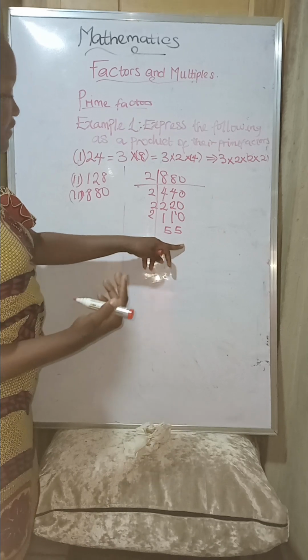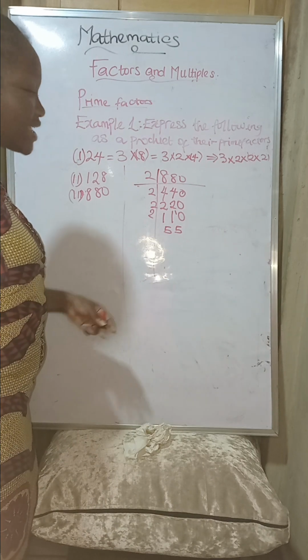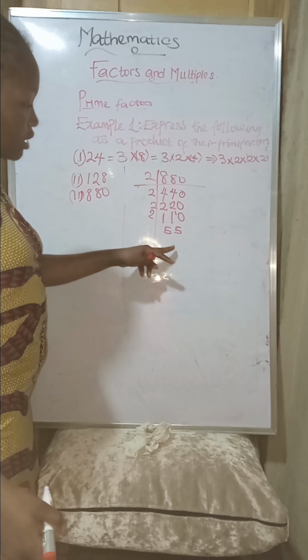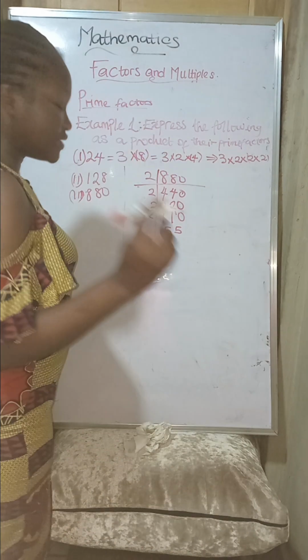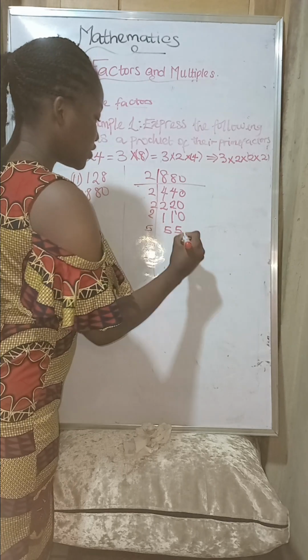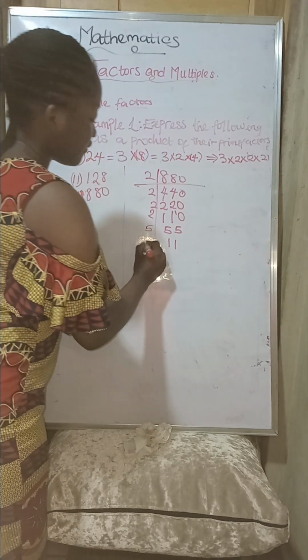3 cannot divide 55. That's why I say you have the prime numbers from 1 to 100. You highlight them, so you go to the next prime number. 3 cannot divide 55, so you go to the next one, which is 5. So 5 can divide 55. That's what? 11. And 11 is a prime number. So 11 gives 1.